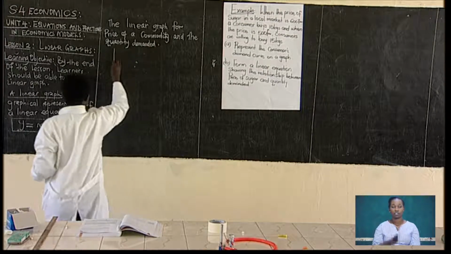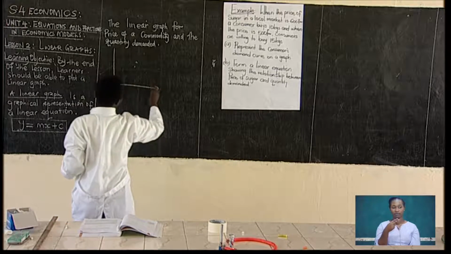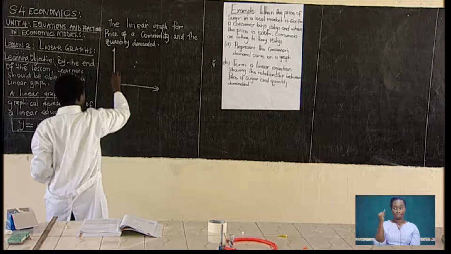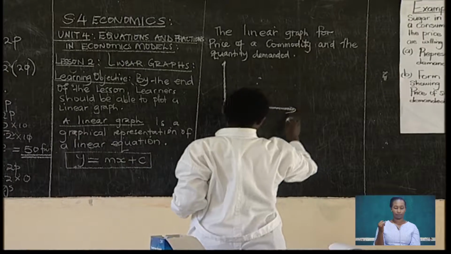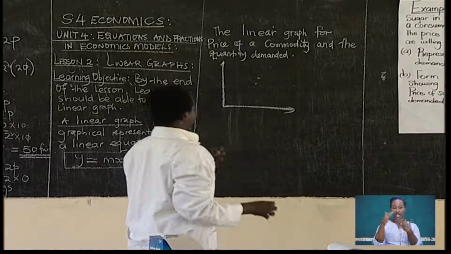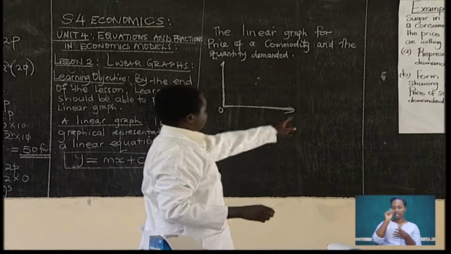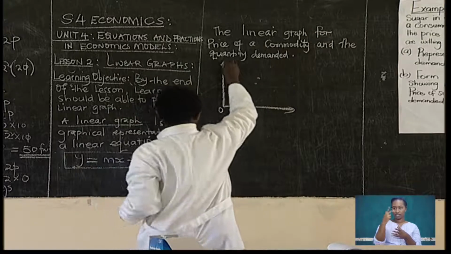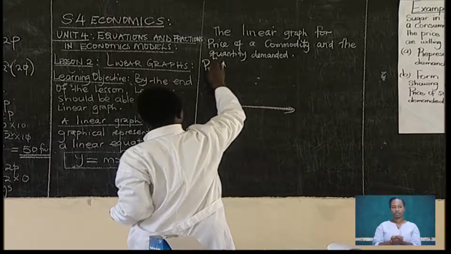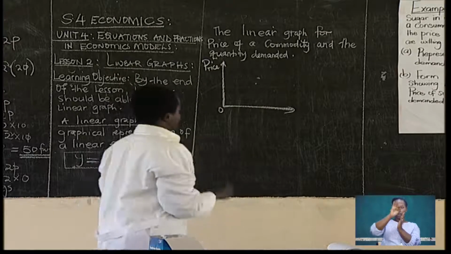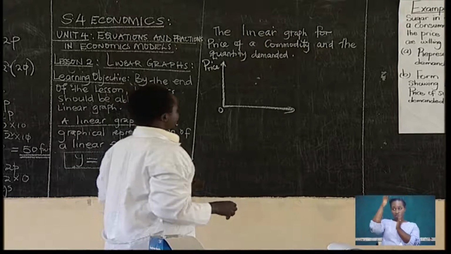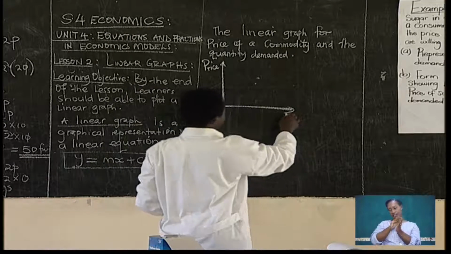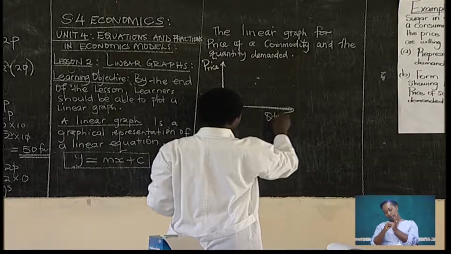So here, how do we plot? We have two axes. We have the x-axis and the y-axis. Here, you have to indicate price. Price is plotted on the y-axis, and we have the x-axis where we plot the quantity demanded.